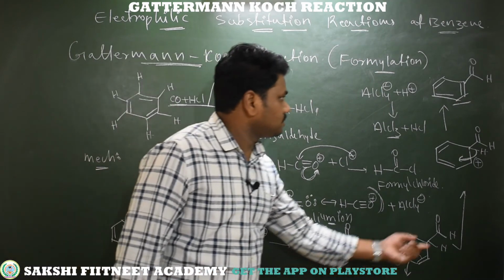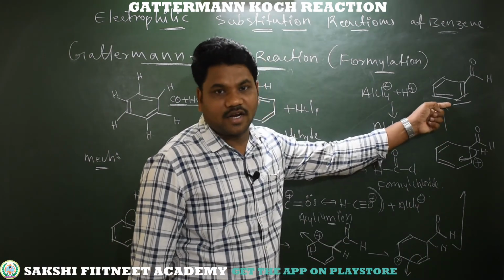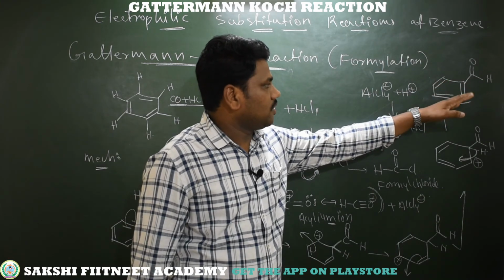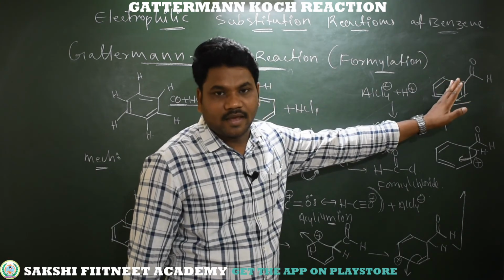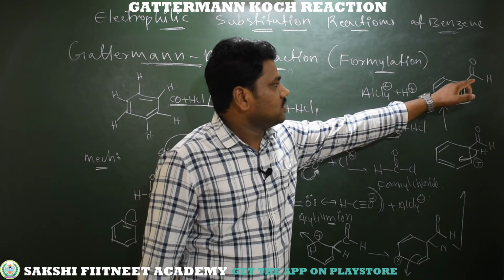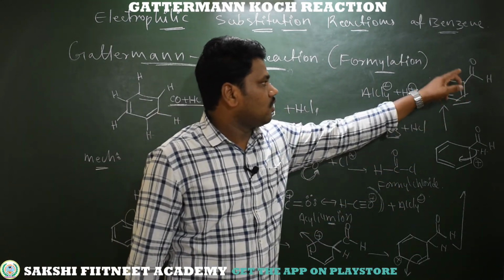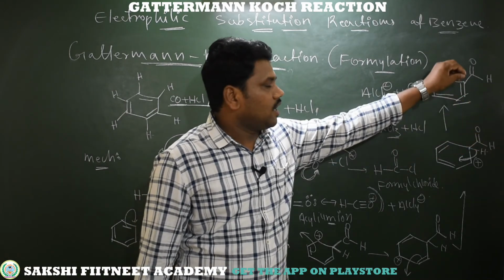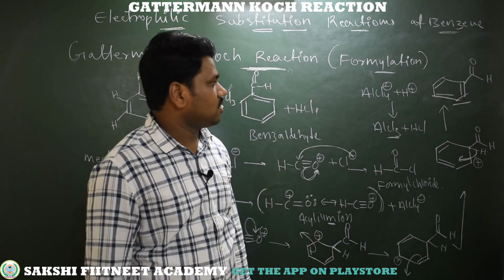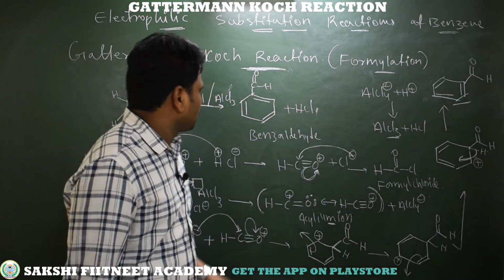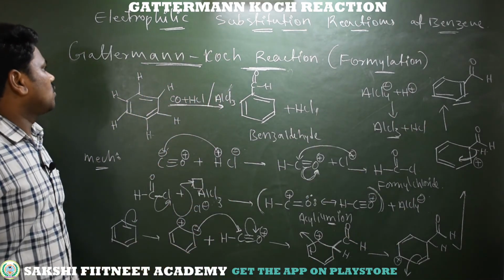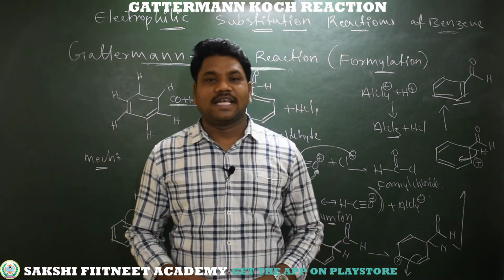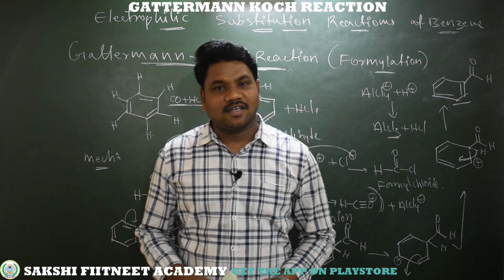So this is the mechanism. There is no need to select a particular carbon, because all the carbons show the same characteristics. You can substitute this acylium ion on any one of these six carbons, at a hydrogen's position. So this is the benzaldehyde reaction path mechanism. This is called the Gattermann-Koch reaction. I hope you understand well what the Gattermann-Koch reaction is and its reaction path mechanism.